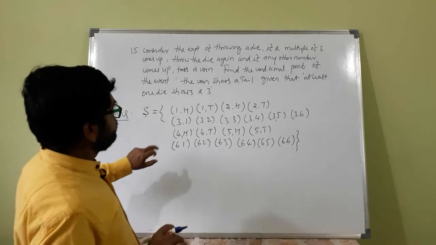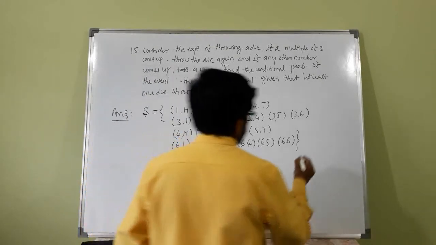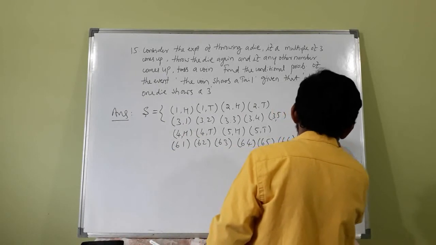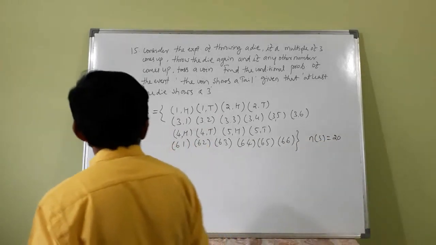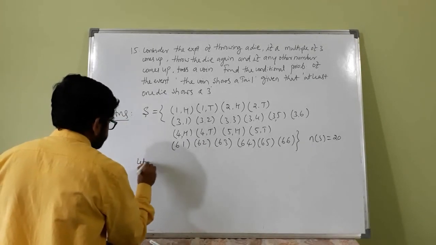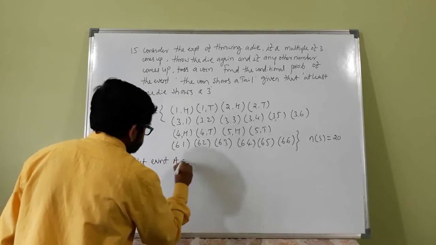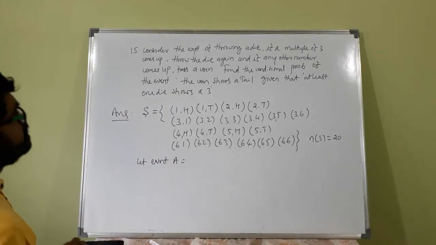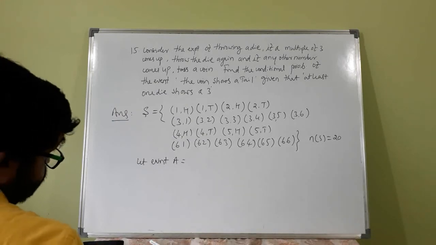Okay, these are the possible outcomes. Totally how much? 12 plus 8, 20. n(S) is equal to 20. Now, what is A? Let event A be the coin shows tail.